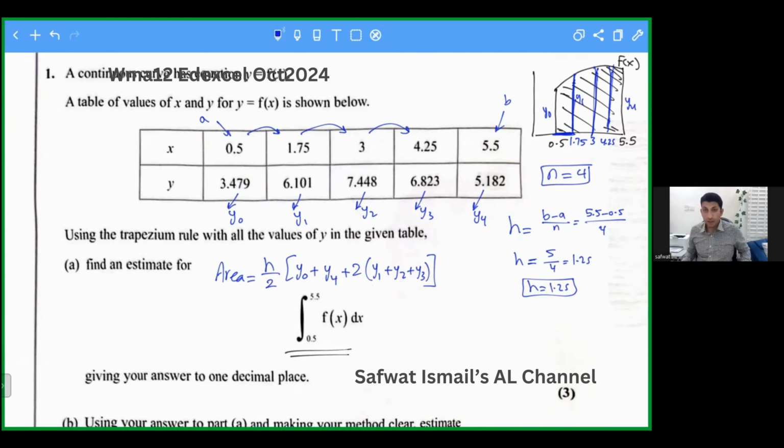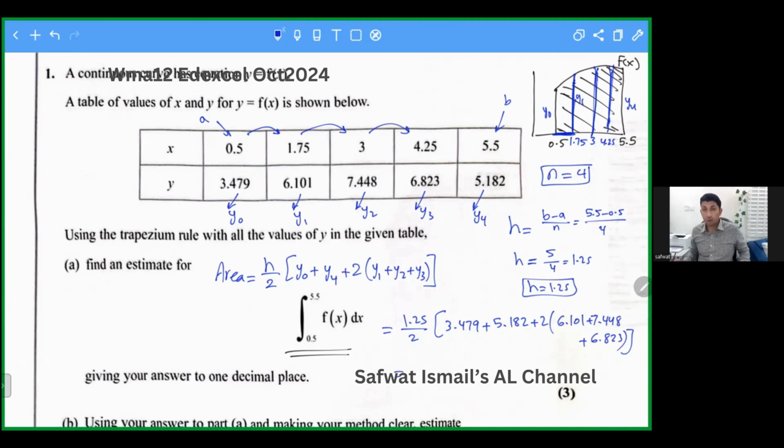Now use the values we have. We have the height. We have y0. We have y4. We have the values of y1, y2, y3. So we can find the estimate directly, which is 1.25 divided by 2, y0, which is 3.479, y4, which is 5.182, and 2 times 6.101, 7.448, and 6.83823.